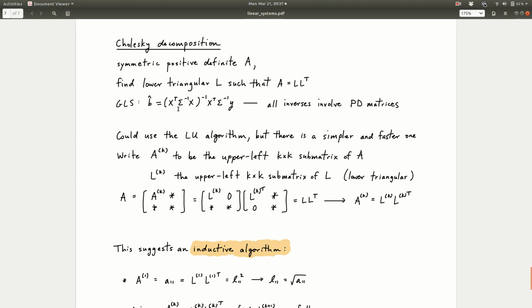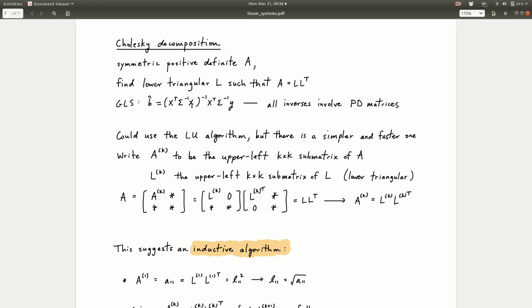And sigma inverse is also, the inverse of a positive definite matrix is also positive definite. And anytime you do something like this, X transpose times positive definite times X, you return a positive definite matrix. Technically, it could be non-negative definite, which means that one of the eigenvalues is exactly 0. But let's just say it's positive definite.